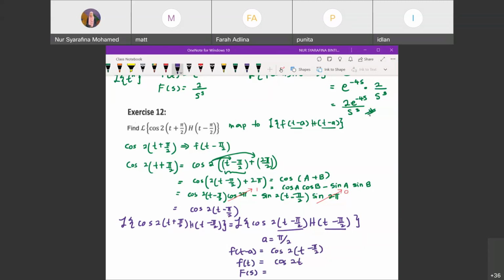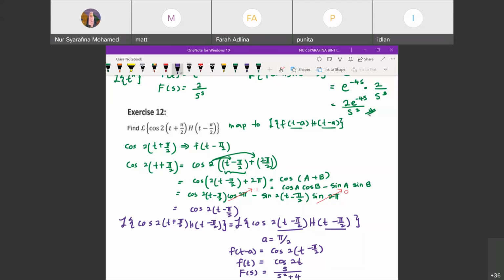By looking at the table of transformation, s over s squared plus 4, right?